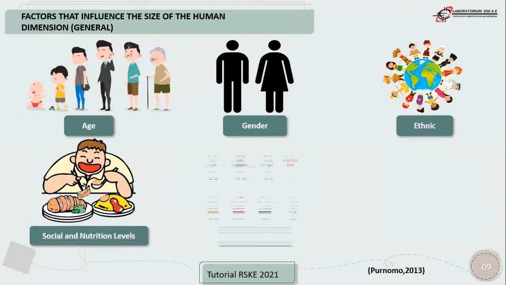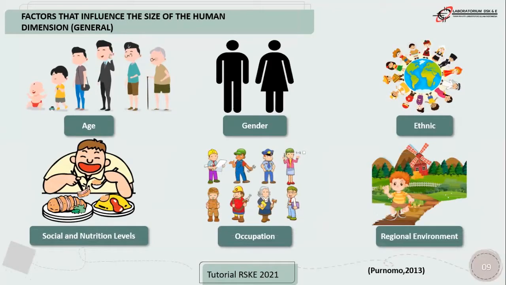And then the next is social and nutrition level. It means a high social level will have an impact on the fulfillment of adequate and good nutrition. The next is occupation, and the next is regional environment.